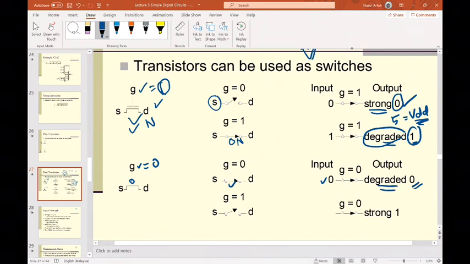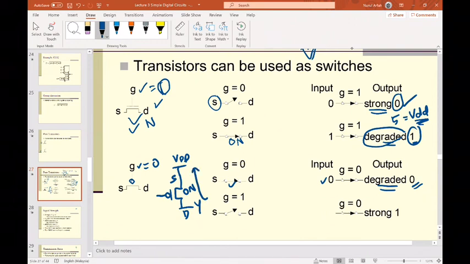Why? Because like we mentioned in the previous case, a PMOS always has a drain side and a source side. So the source side is always connected to the higher polarity, or the VDD. And this is the output. Since this one is turned on, the output will pull up to VDD.